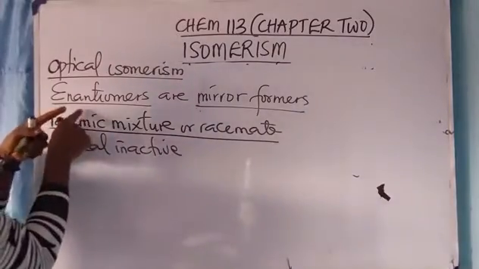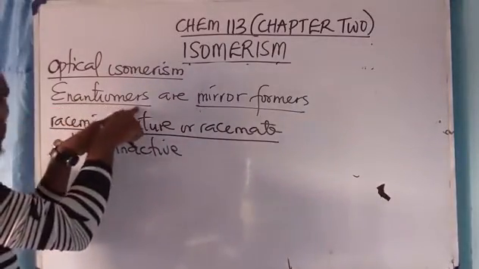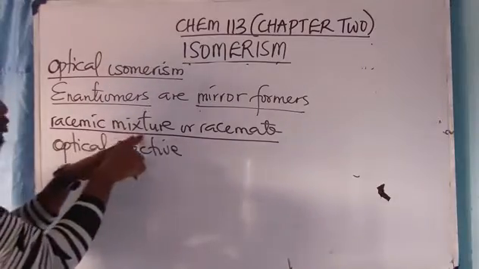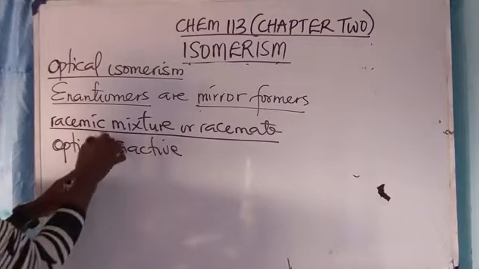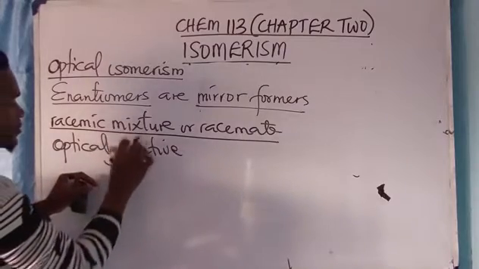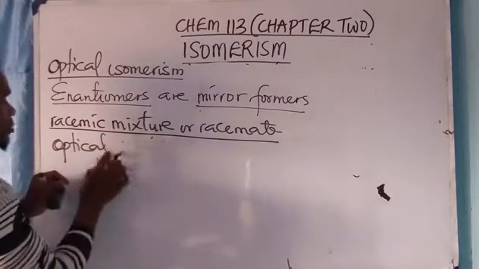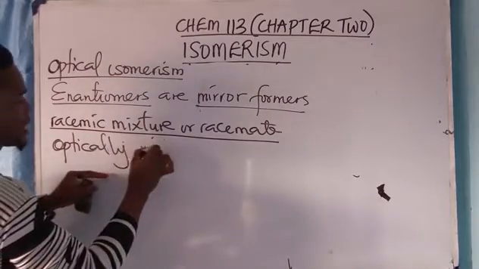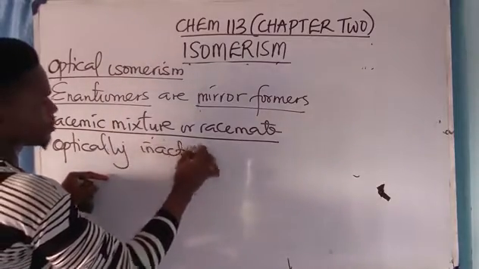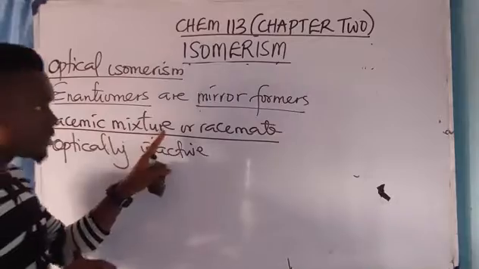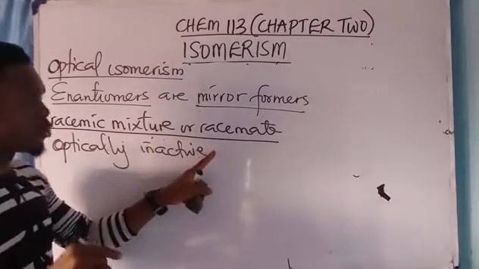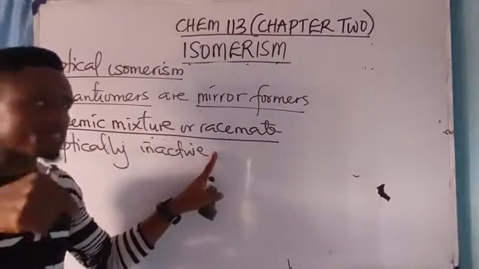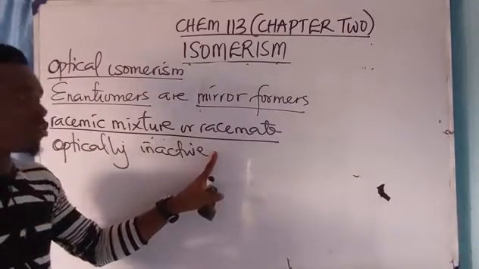Now I told you that the combination of two or more enantiomers is called racemic mixture or racemate. Fine. They are optically inactive because the rotation of one of these would be neutralized or cancelled by the other one.